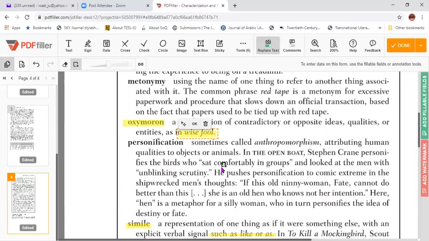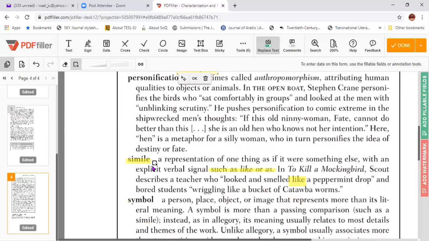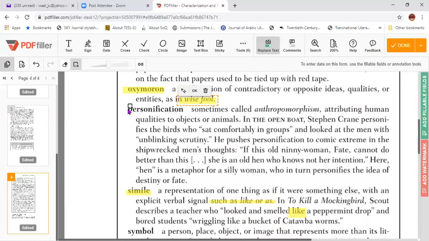For example, when I say, oh, this story is hot cold. When I say hot cold, that is contradictory words, right? Hot and cold at the same time. That's called oxymoron. Now, personification. Personification is taken from the word person, okay? And person here is a human being.